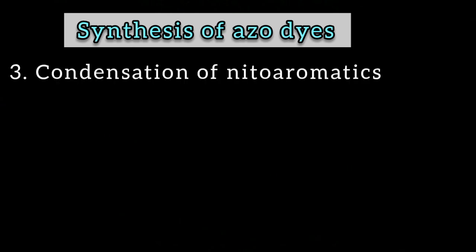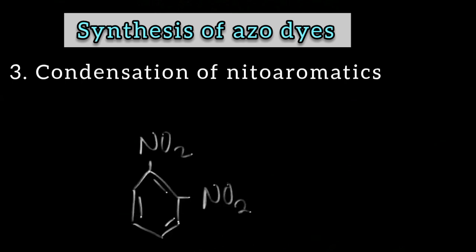Azo dyes or aromatic azo compounds can also be prepared by the condensation reaction of nitroaromatics. Nitroaromatics are compounds where there's most commonly a benzene ring with a nitro group attached to it.